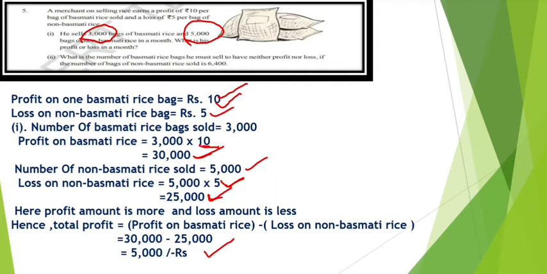And now see the second part: what is the number of basmati rice bags he must sell to have neither profit nor loss? Observe this, neither profit nor loss means the profit amount and loss amount must be equal.